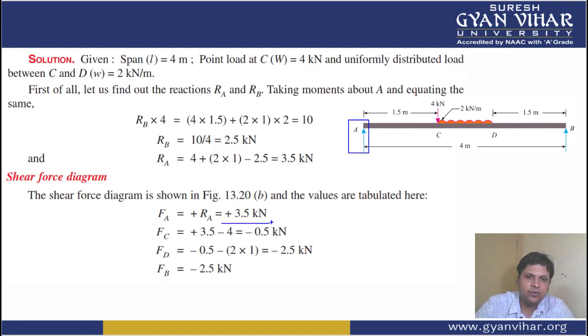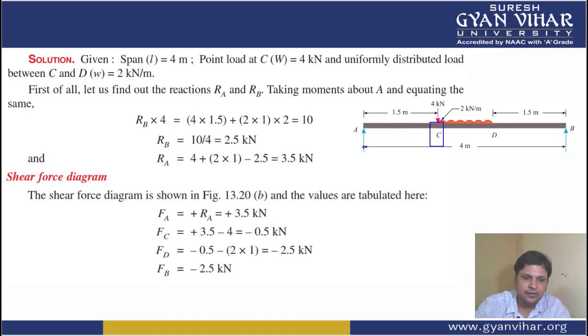We are considering it as positive because when we take the left hand section, all the forces which are going upwards are taken as positive. So RA is basically plus 3.5 kilonewton. We have already calculated the reaction at A is 3.5. After this RA, the second is FC, the force at point C. So between A to C, you don't have any load.